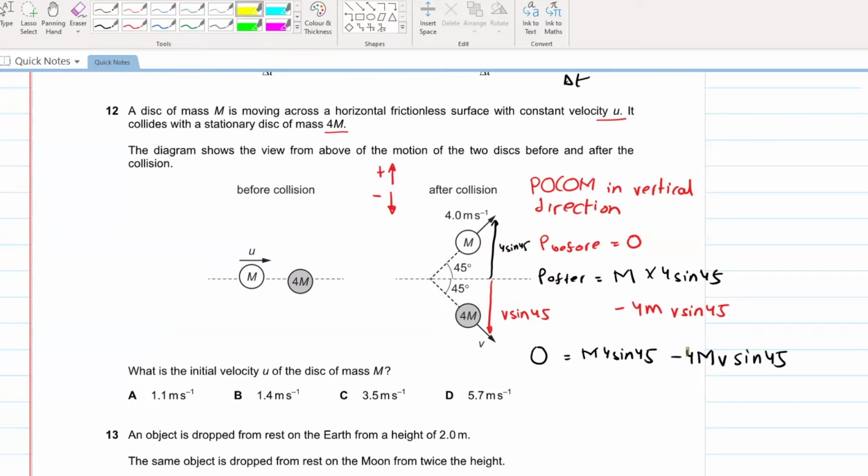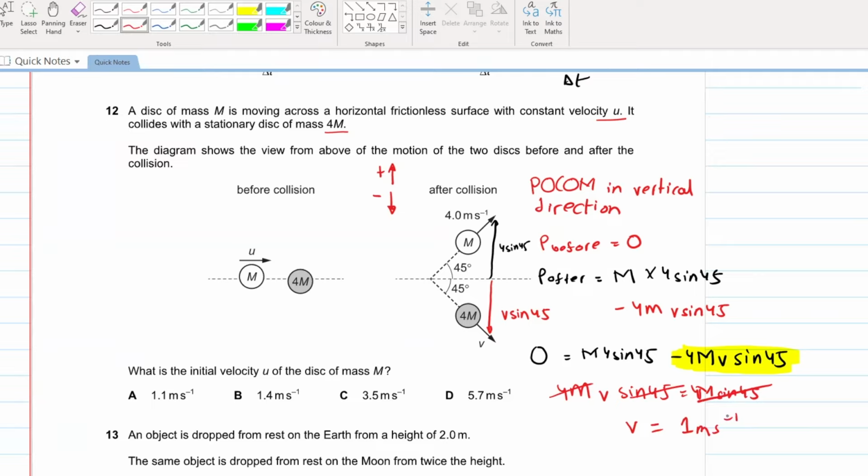Let's take this entire thing to the left hand side. 4mv sine 45 is equal to 4m sine of 45. 4m sine of 45 gets cancelled out. Your velocity v comes out to be 1 ms⁻¹.